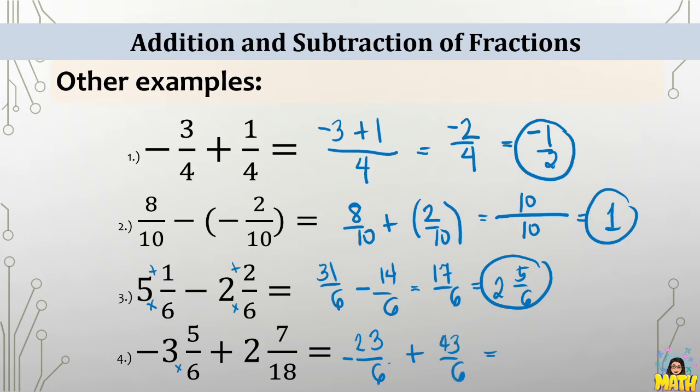So here we add the numerators. Negative 23 plus 43. So this one is positive 20 over 6. And 20 over 6 can also be rewritten as 10 over 3 or 3 and 1/3. So that's how we add and subtract fractions.